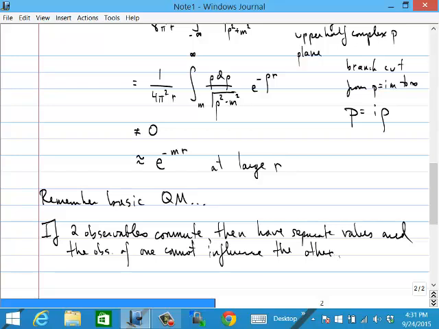So the prototypical example might be the positions of a particle in the x-y plane. The x and y observables commute with one another, whereas the x and px observables do not.